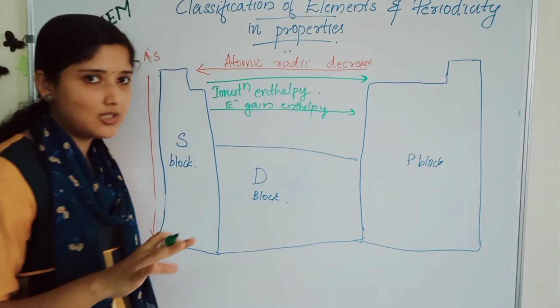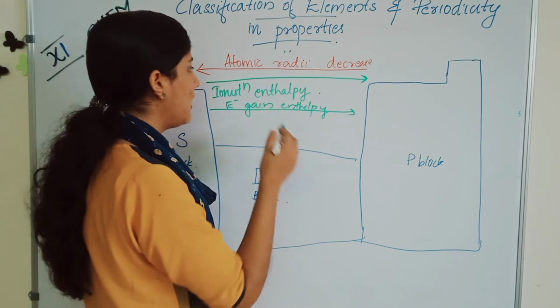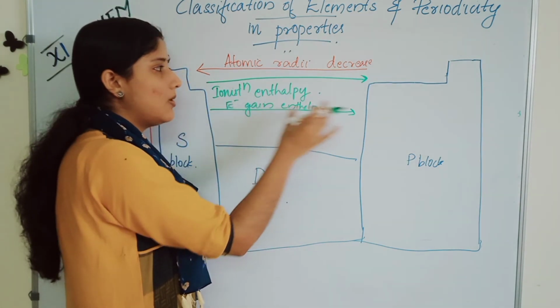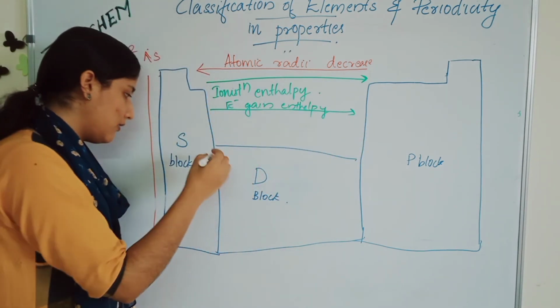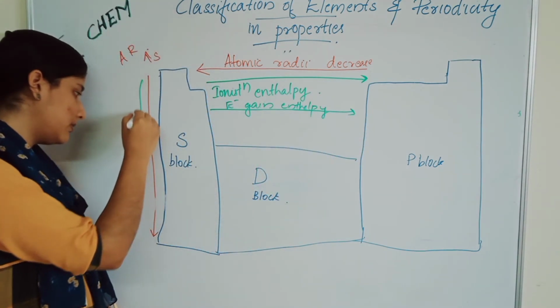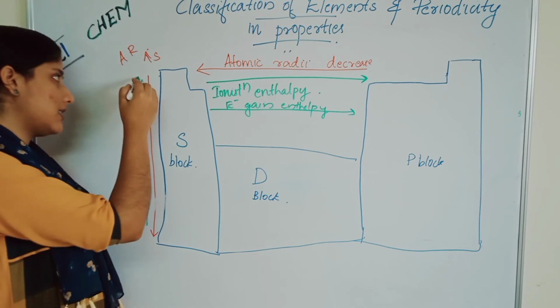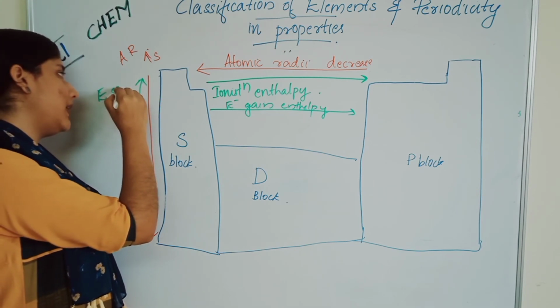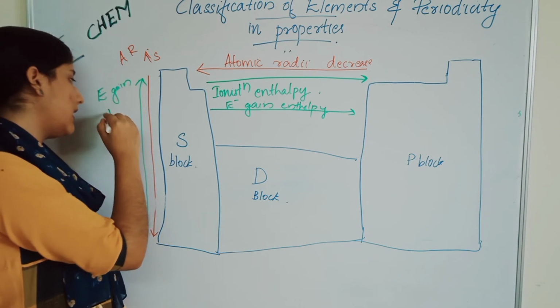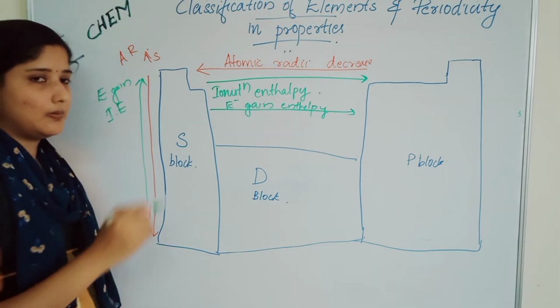We studied all the reasons, you should keep in mind. Ionization enthalpy will increase from left to right, and also electron gain enthalpy will increase. And from top to bottom, it decreases, both electron gain enthalpy and ionization enthalpy.